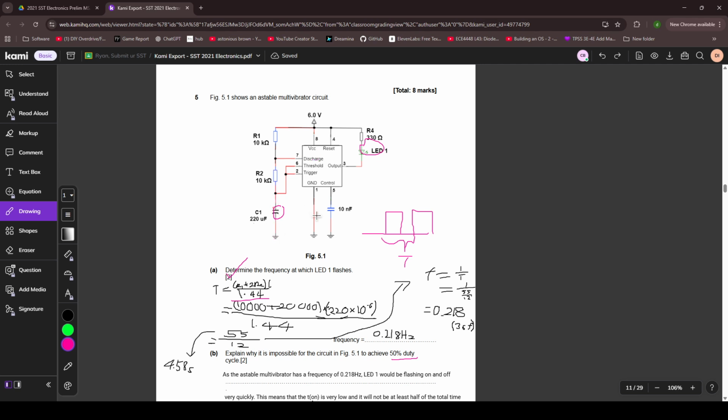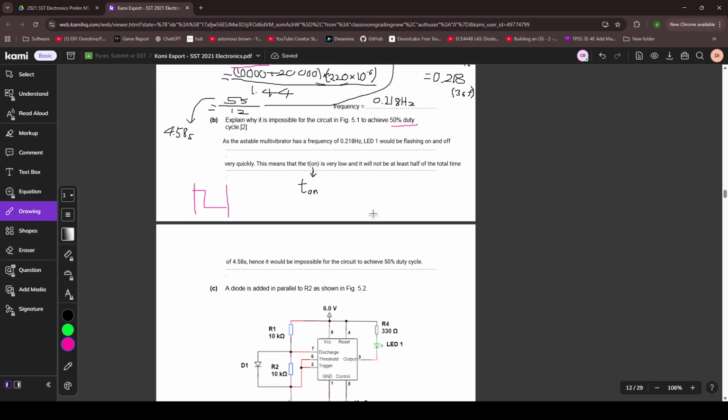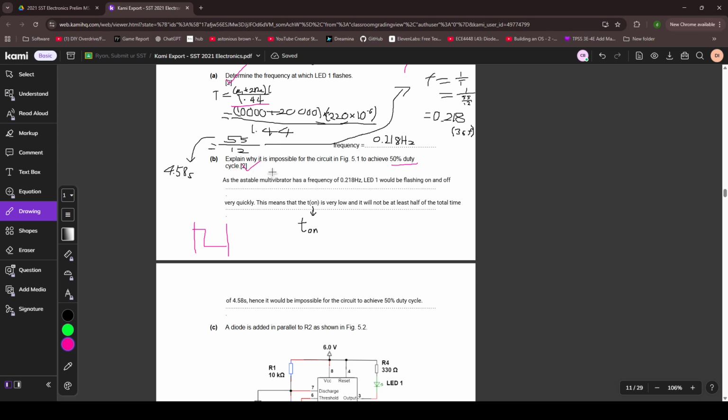Since when it charges it has to go through 2, but when it discharges it goes through 1 only, it takes a longer time to charge up because it experiences more resistance when charging as compared to when discharging. As such, T on will always be lesser, and that's the reason. Okay, I think this is my bad. I've never gone through this.